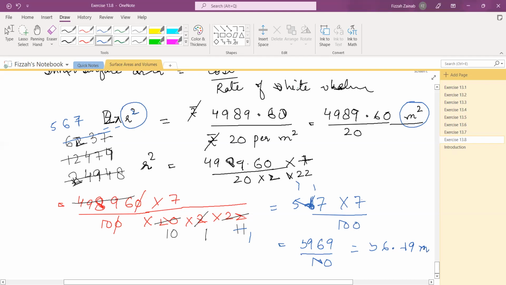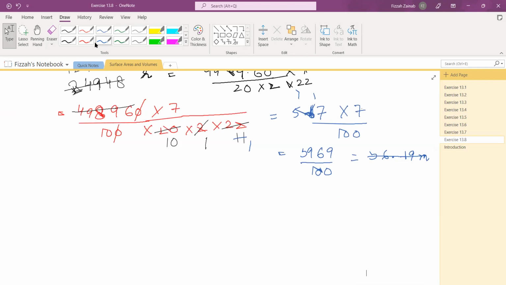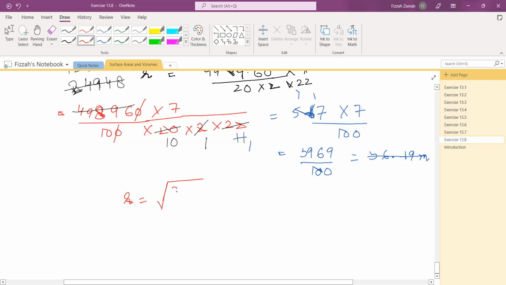Oh, okay, wait. This is r square, right? Then do one thing, don't convert this into decimal. So your r is going to become the square root of this thing because you have an r square on the left side, right? 3969 divided by 100.